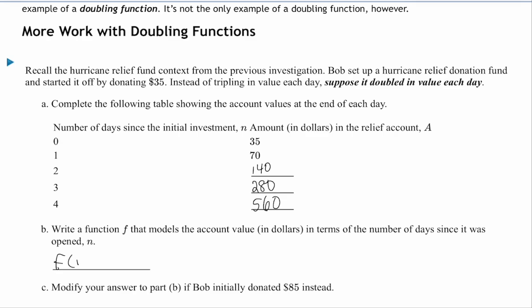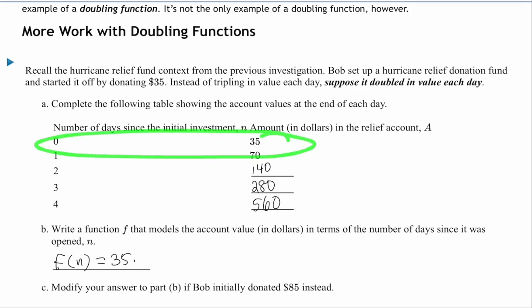So f of n, the starting value always comes first. So that's our f of 0 number, which was 35. And then our factor of doubling to the power of n. They used n, not x. So that, for me, would be the equation or function they want on that line.